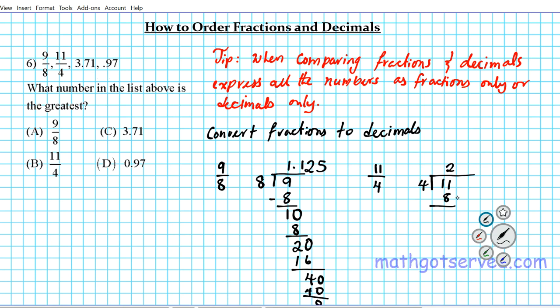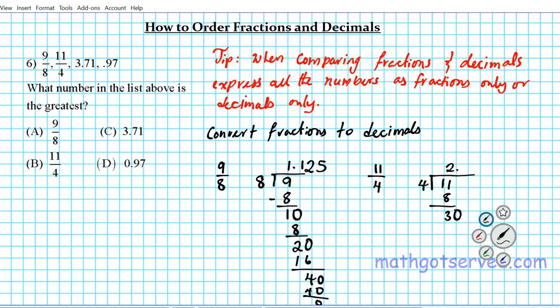But let's just finish it anyway. So 2 times 4 is 8, we have a 3. How many times does 4 go into 3? It's too small, so we put a decimal point and add a 0.